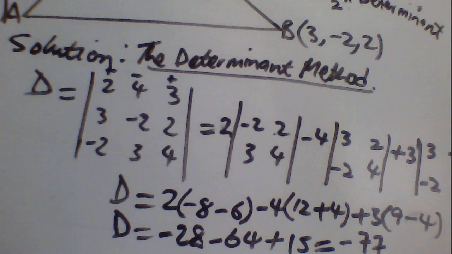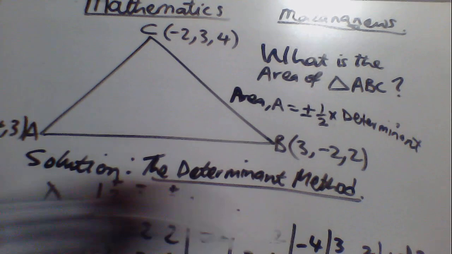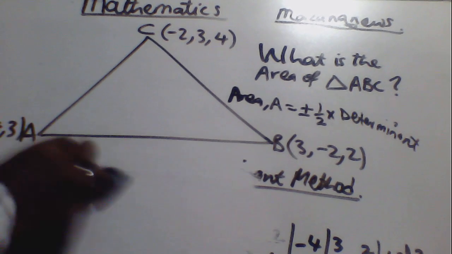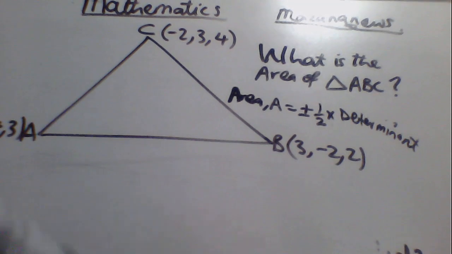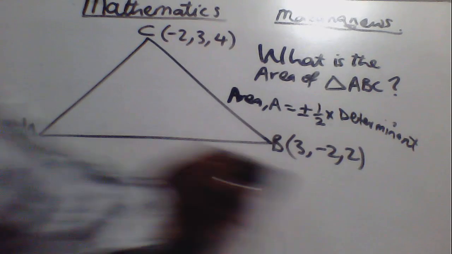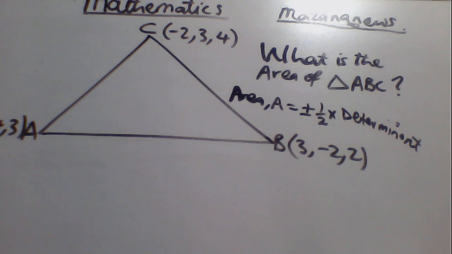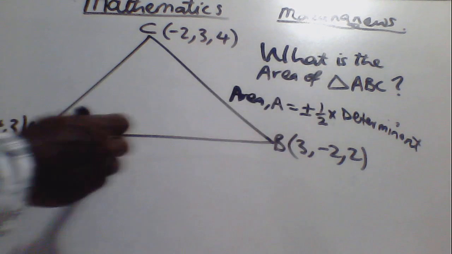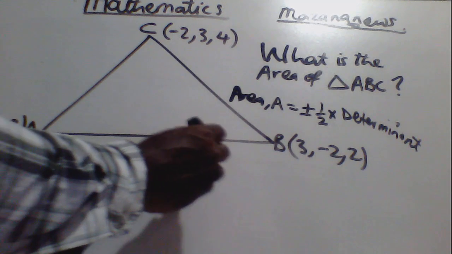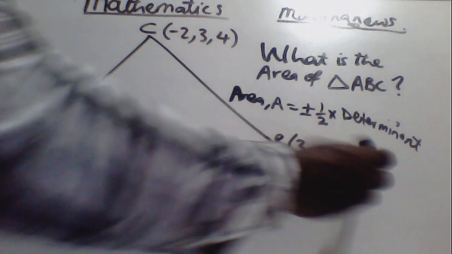Once you have gotten the determinant to be minus 77, you return to the equation. We say that the area is equal to plus or minus half the value of the determinant. So in this case, if the determinant is minus, then you use minus half. So we have that our determinant D is equal to minus 77.